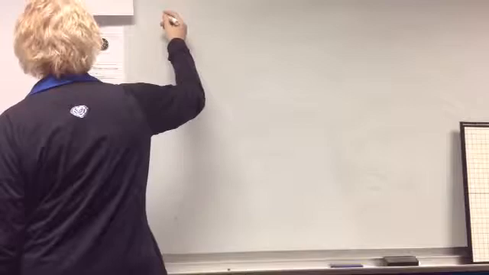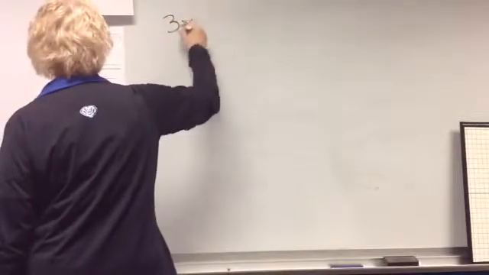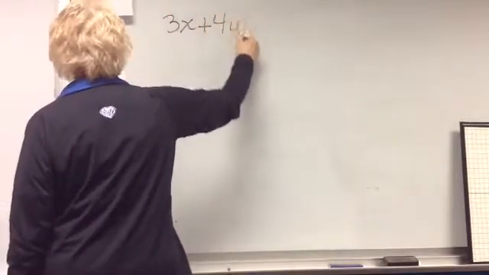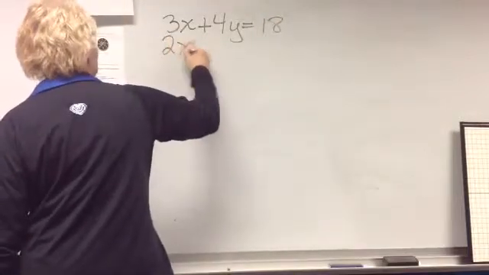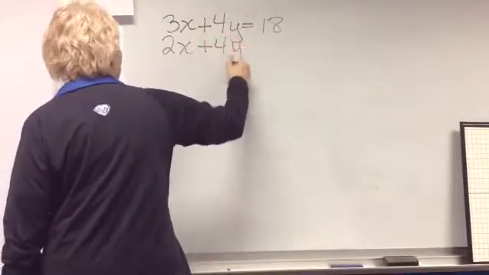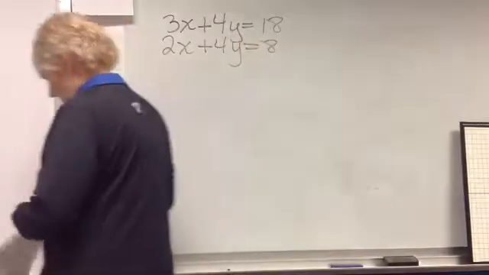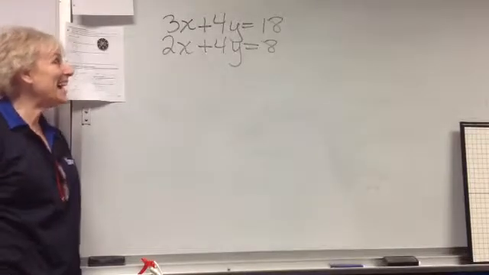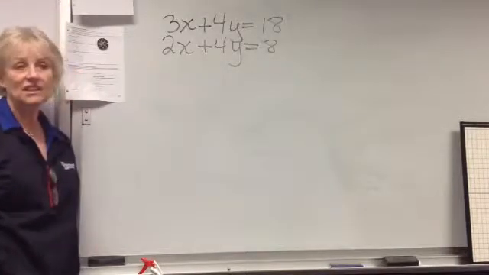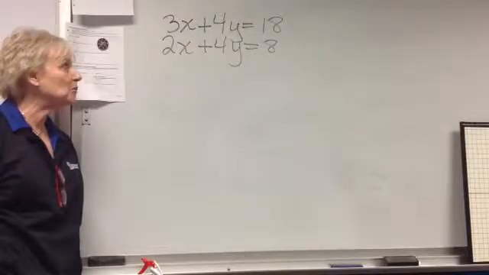Okay, let's take one: 3x plus 4y is 18, and 2x plus 4y equals 8. What do you think? If I add, I get 5x plus 8y equals 26.